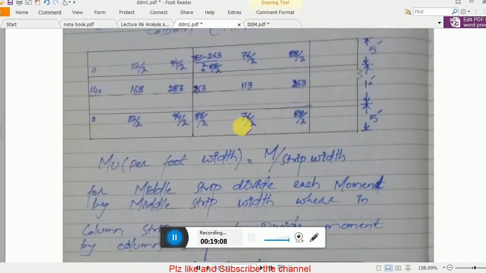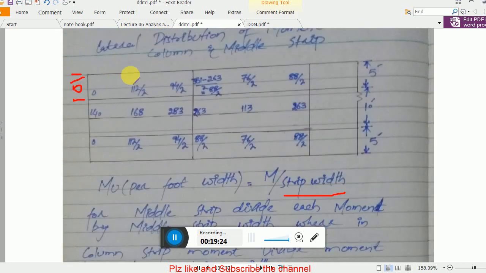Now remember, we have to convert these movements to movement per strip width. This is not yet per strip width. This is 5 feet. Here we have 56 as the total movement. Now you have to divide this 56 by the middle strip width, so you get movement per strip.